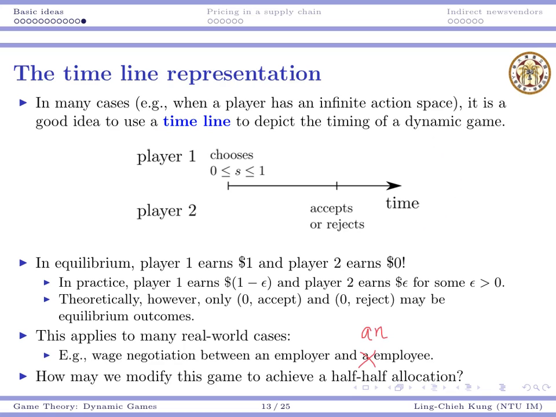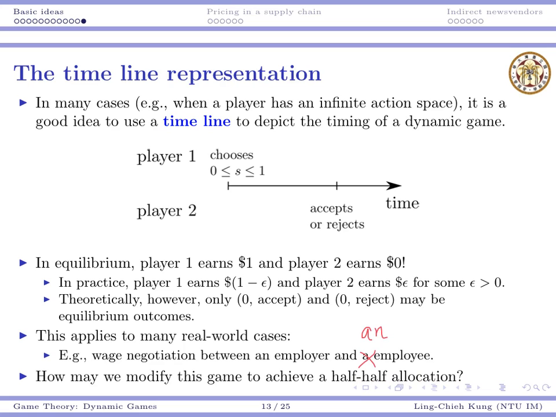So of course that outcome is not very promising. People get a very unfair allocation. Everything goes to the first mover, the leader. So probably you want to think about how we may modify this game to achieve a half-half allocation. Half-half means somehow they play this game and eventually they get half-half.